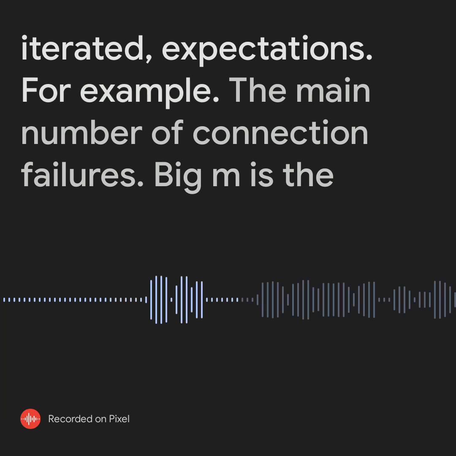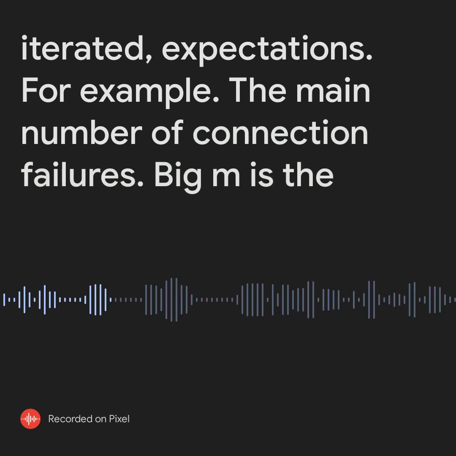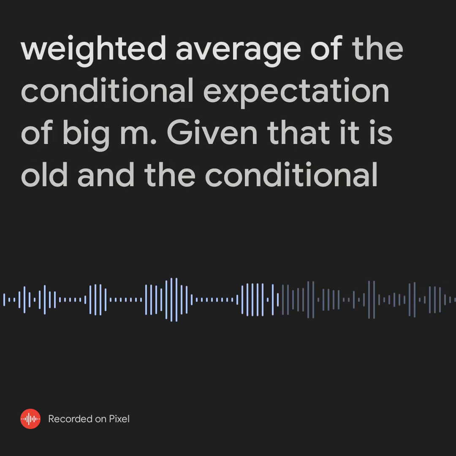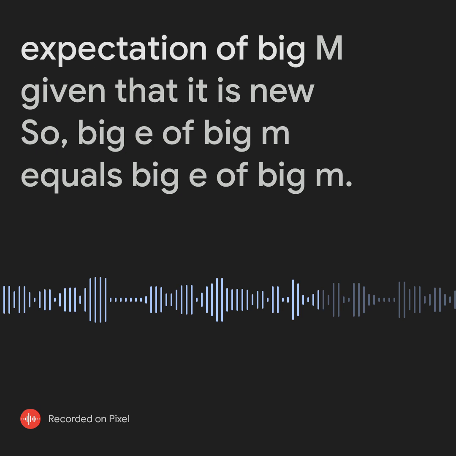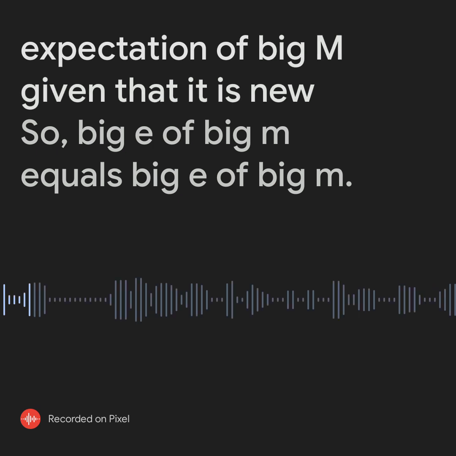For example, the mean number of connection failures, M, is the weighted average of the conditional expectation of M given that it is old and the conditional expectation of M given that it is new.